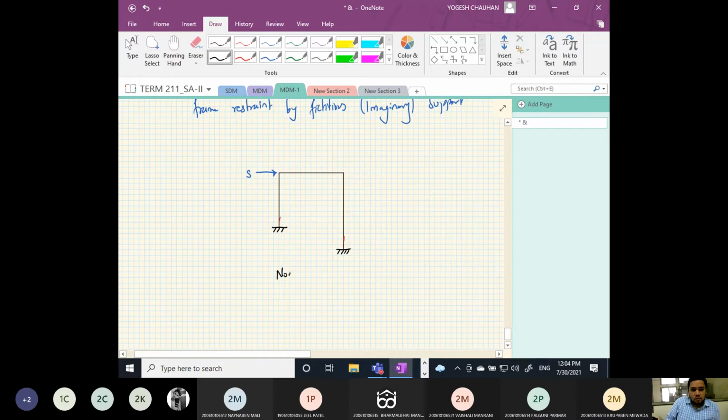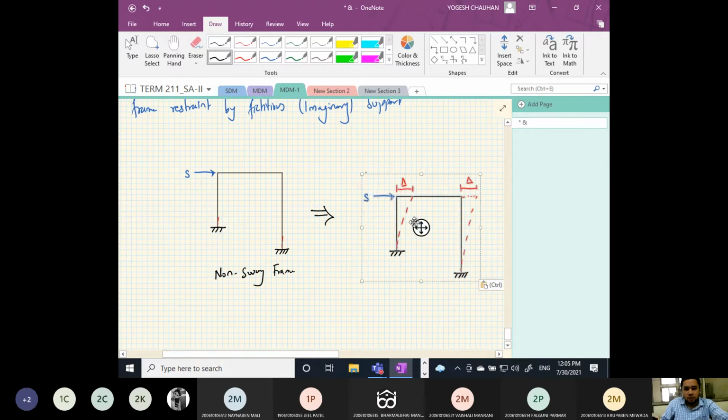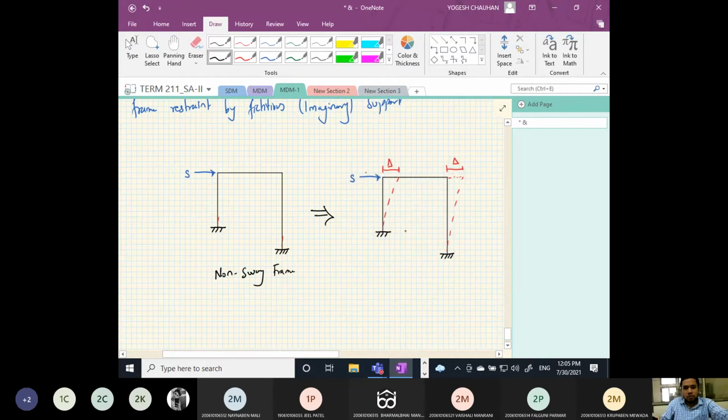But what you can do, you can convert this into a fictitious frame. You apply the fictitious support to the frame to convert it. So this is sway frame. Sorry, this is sway frame.